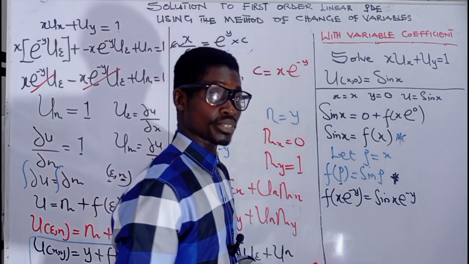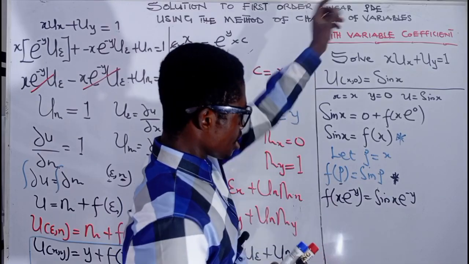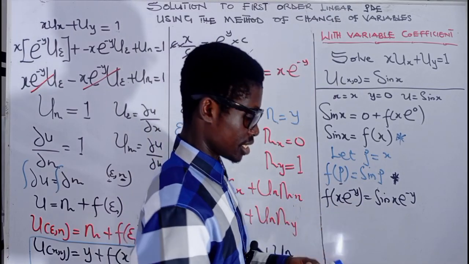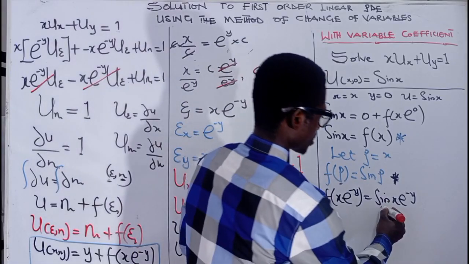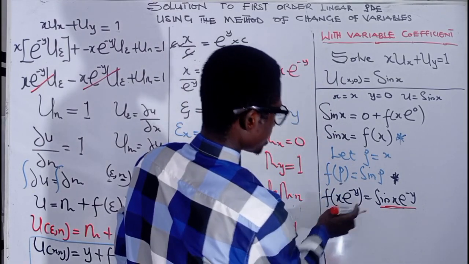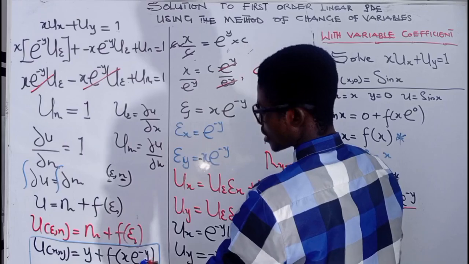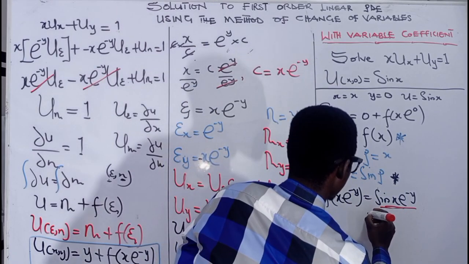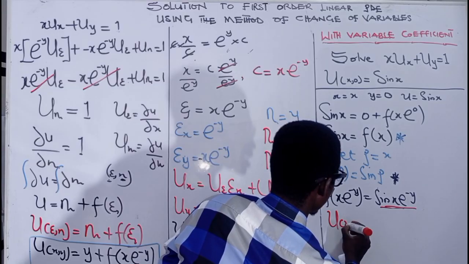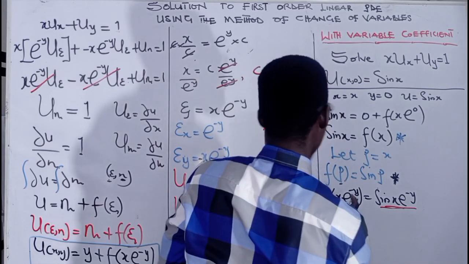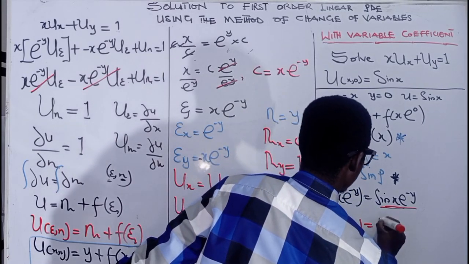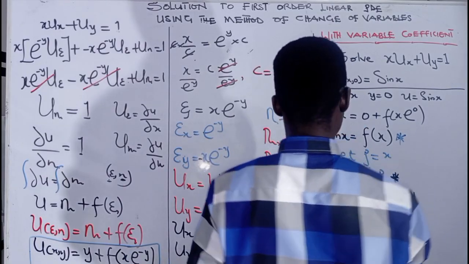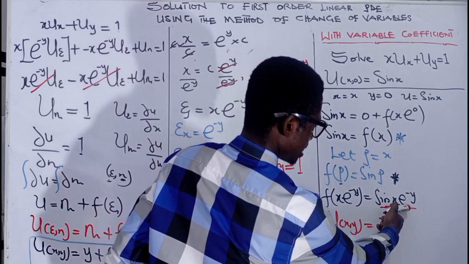So from here, we can say that wherever we see f at x e exponent negative y in the general solution, if you plug in this, wherever we see this in the general solution here, we are going to plug in this. So therefore, the particular solution becomes u at x comma y, then we have y plus a function of x e exponent negative y, which is the same as this, and this is the same as that.